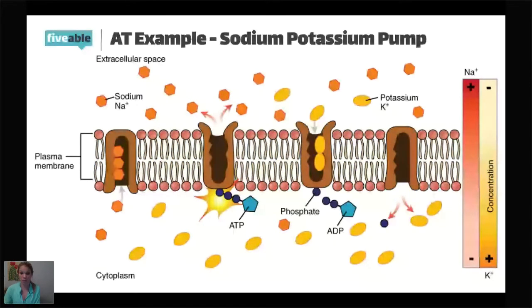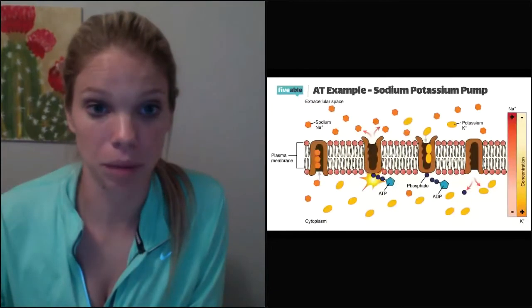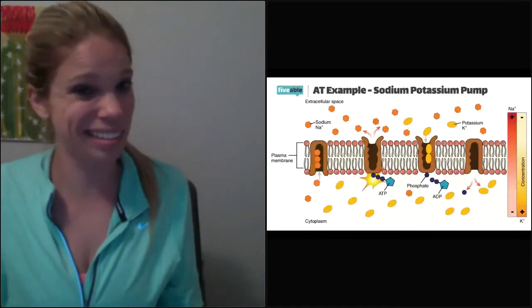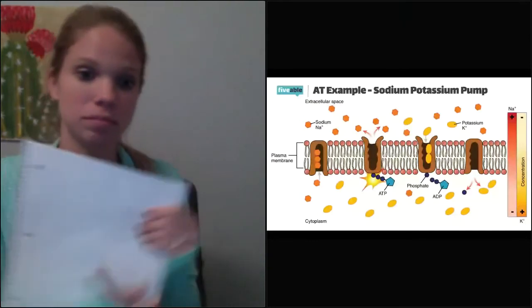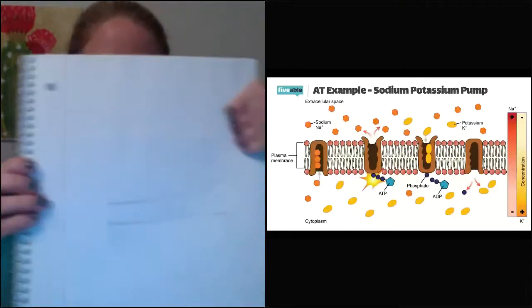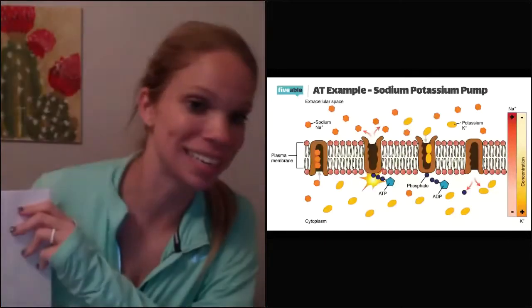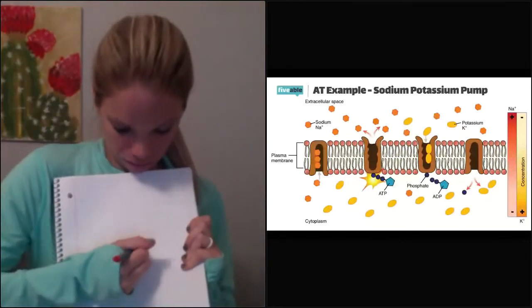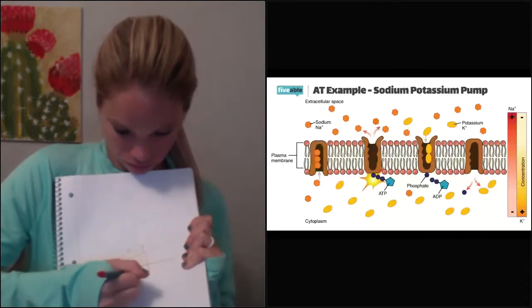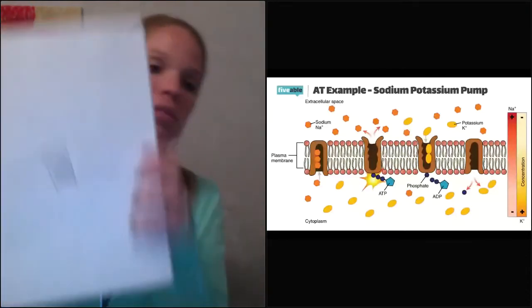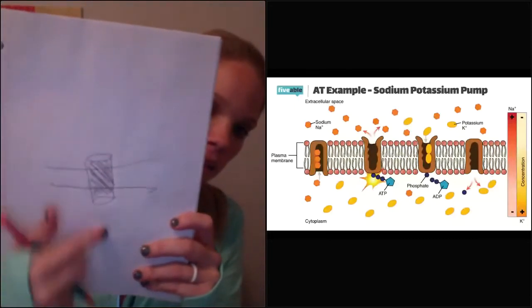Co-transport's funny though. So it's like you got your cell membrane. There's your cell membrane. Pretend it's a cell membrane. And you've got a protein. And the protein lets stuff in and it lets stuff out.